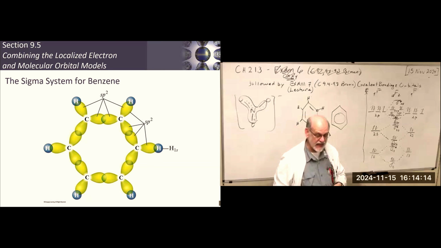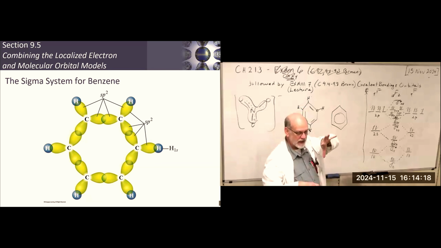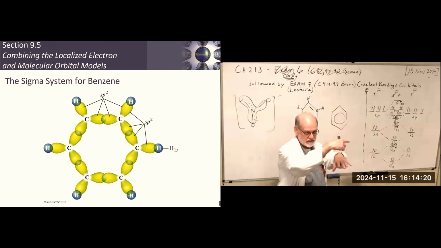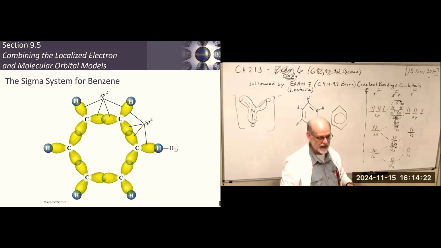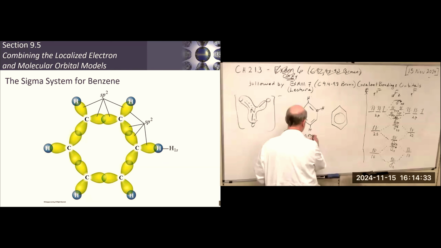But what in fact actually happens is all of those p orbitals delocalize electrons in the ring. And that causes a great deal of energy benefit, a stabilization of the molecule, such that this is a class of aromatics.